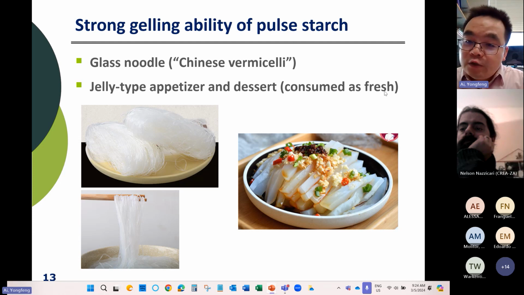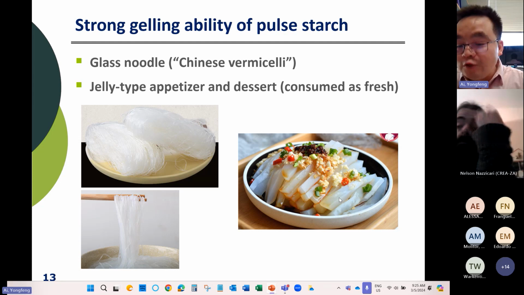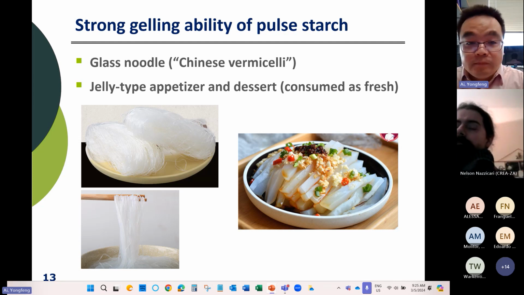Again, this is related to the high retrogradation rate of pulse starch, because if you cannot finish this product on the same day and you leave it in the refrigerator, the second day when you want to eat it, you will see a lot of water sitting at the bottom. This is because of the retrogradation and the syneresis.